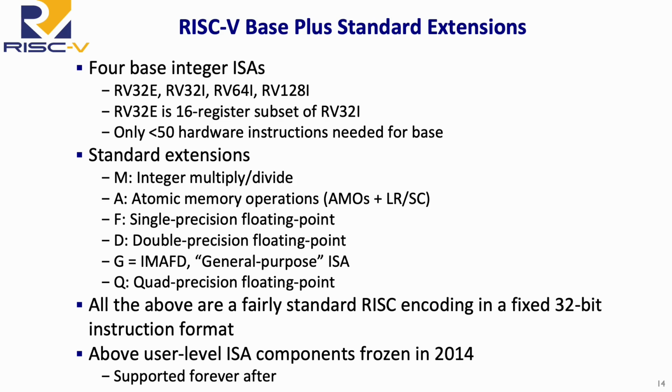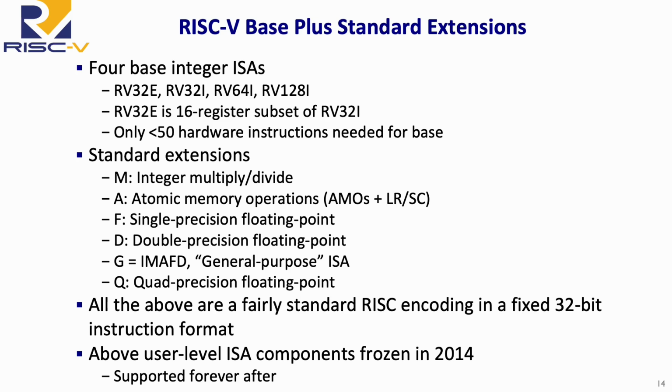Most people use RV32I, which is the 32-bit instruction set with 32 registers, or RV64I, and there is an option for a 128-bit processor, although that's not yet well defined, it's not standardized. And you need less than 50 basic instructions in the hardware for a basic system.